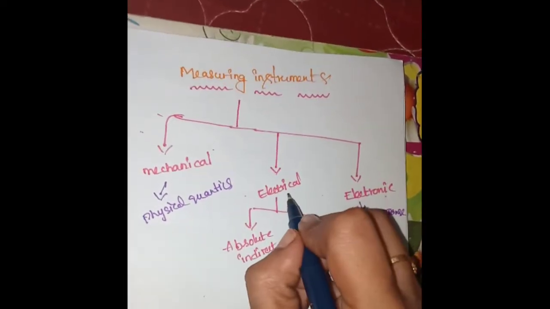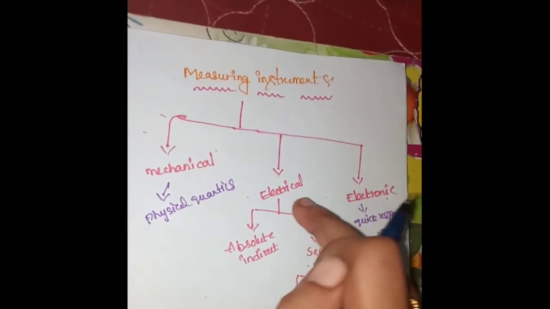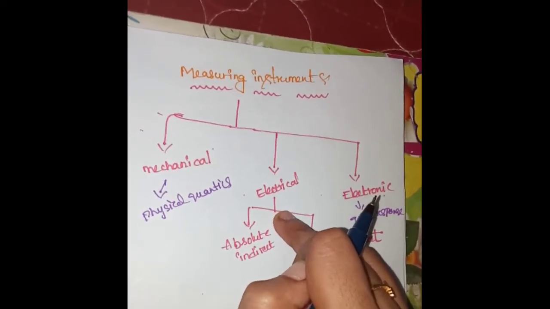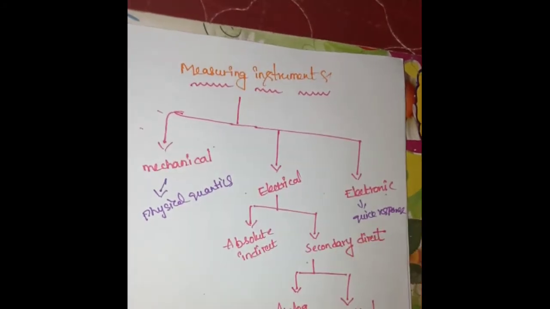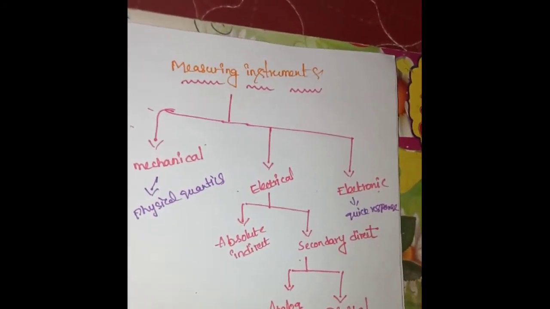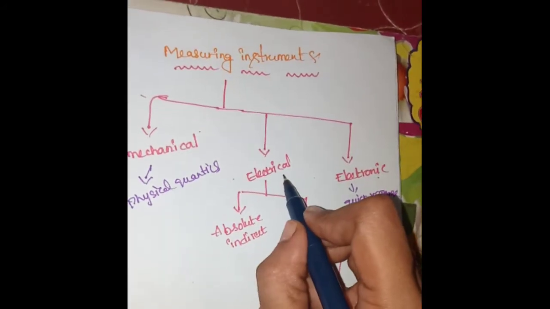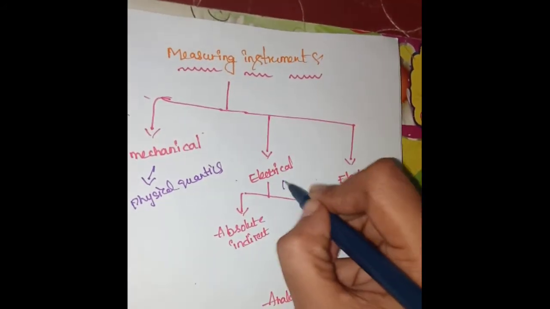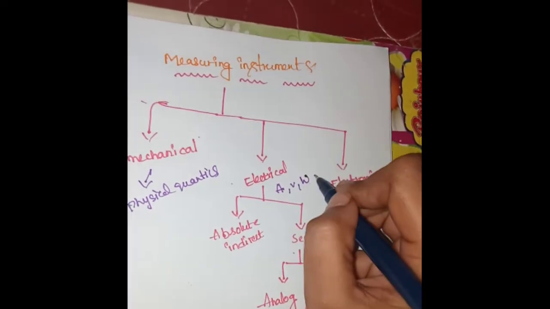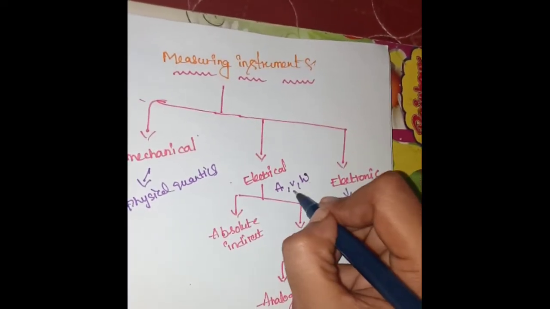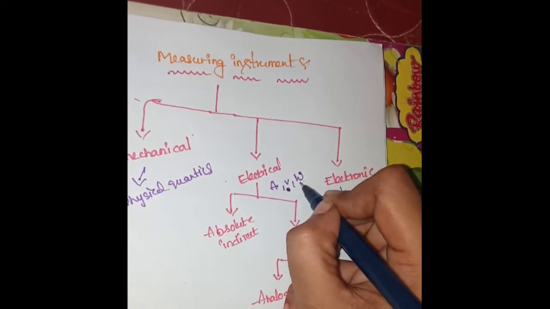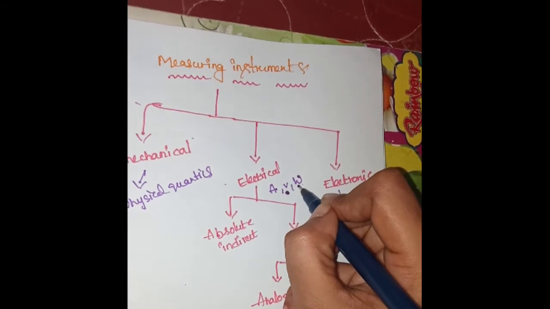Coming to the electrical instruments, these are used for measuring electrical quantities like current, voltage, power, etc. The best examples of electrical instruments are the ammeter, voltmeter, and wattmeter. Here, the voltmeter is used to measure the voltage and the ammeter is used to measure the current.